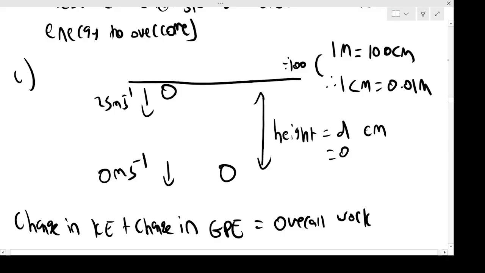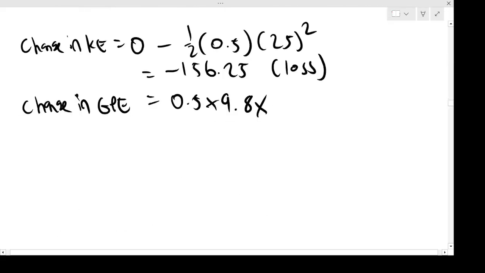So the height in meters is 0.01 lots of d. Hopefully that made sense. So it's not d we've gone down by, it's 0.01d. That's what we're going to use. And it's going to be negative because we've gone down by that amount.